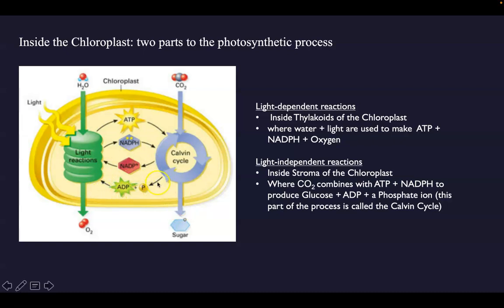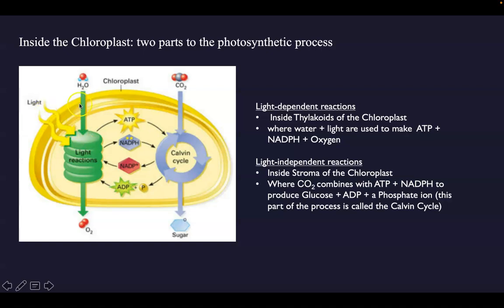Again, we have byproducts. So here are byproducts of that process. They are going back into the thylakoid to be used for the other part of the photosynthesis, the light-dependent reactions. You see the light here. The thylakoid depends on the light for this reaction to be possible. It also needs water.